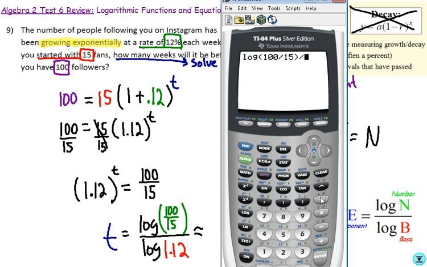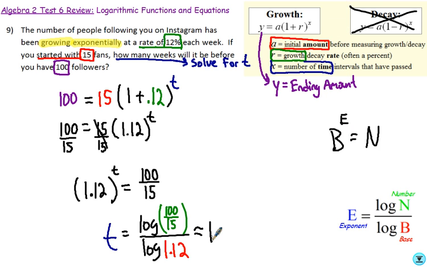Close off the parentheses and then divided by the log of 1.12. And we get 16.7. Let's just round to the nearest whole number. So we're going to say 17 weeks, because our time frame was weeks.